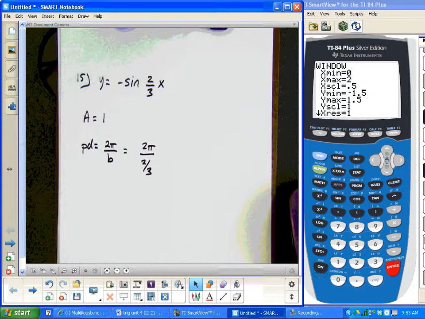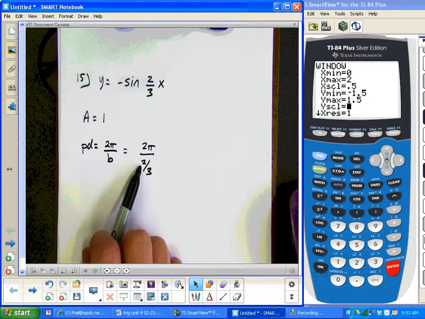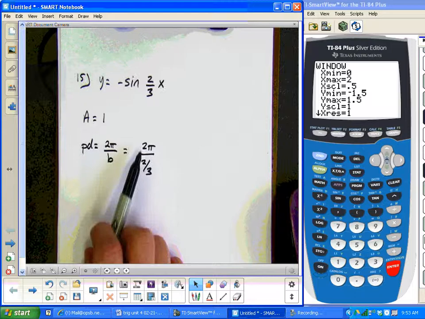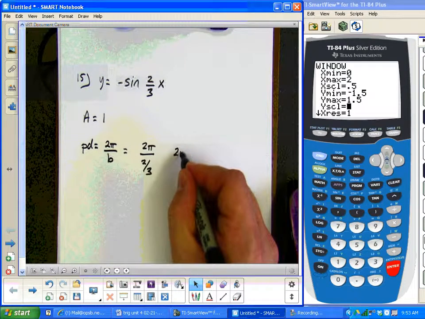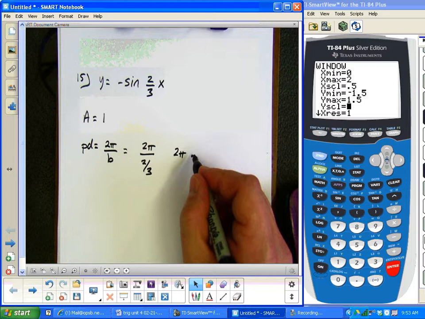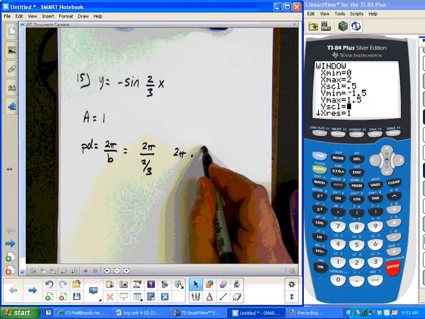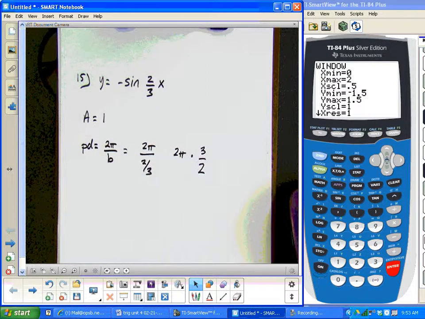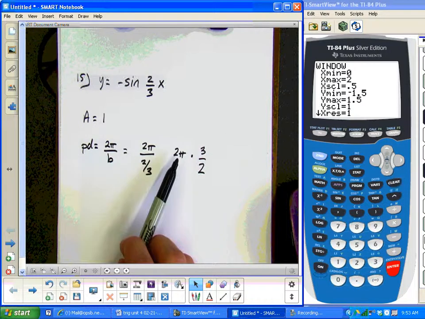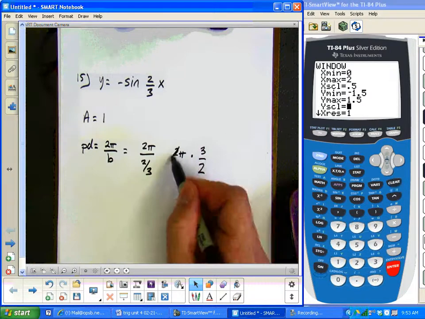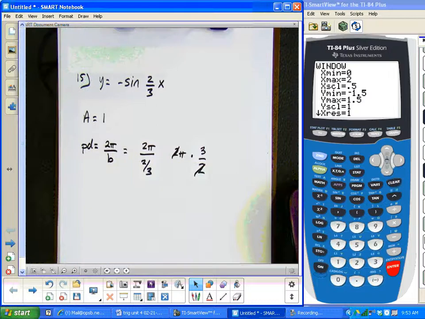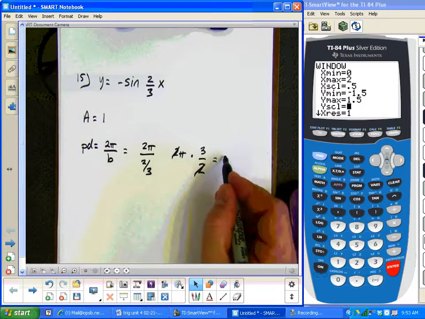Let's figure this out. How can we divide this? Multiply by the reciprocal, which would be 3/2. Now look what's going to happen when I do 2 pi times 3/2. The 2's cancel, so I'm left with pi times 3, which is 3 pi.